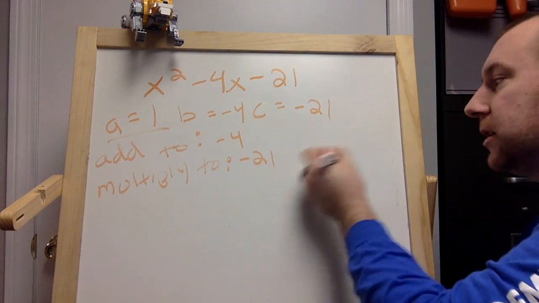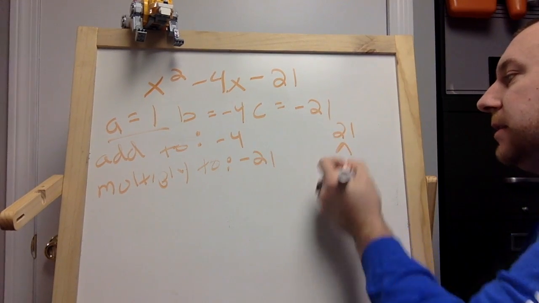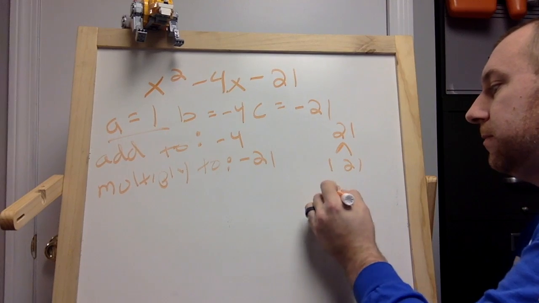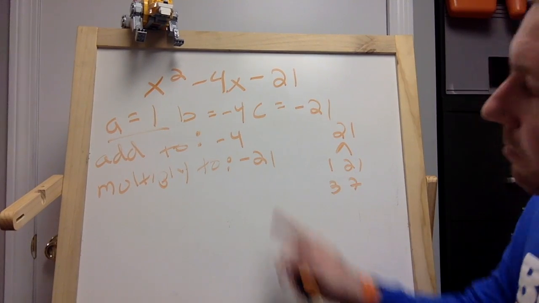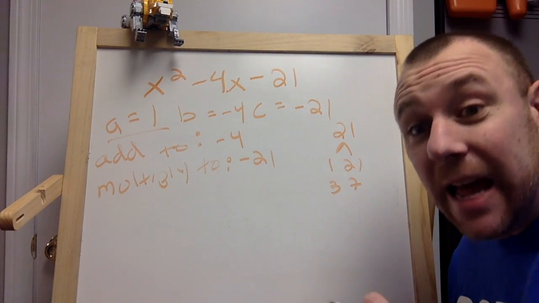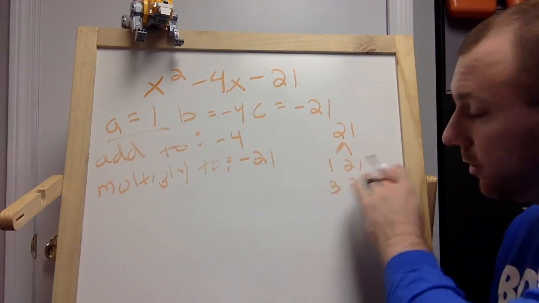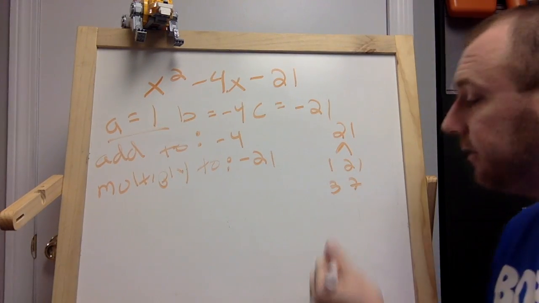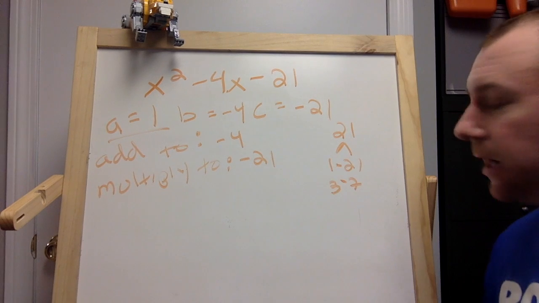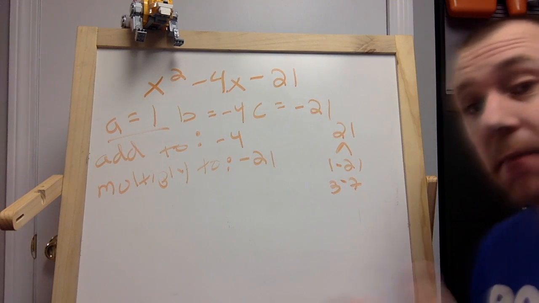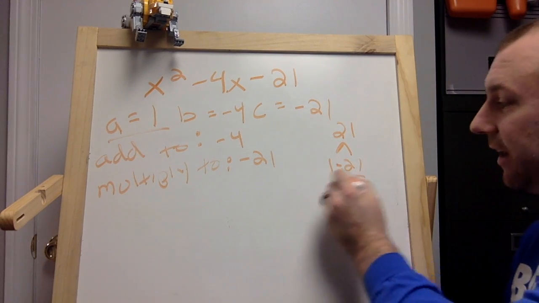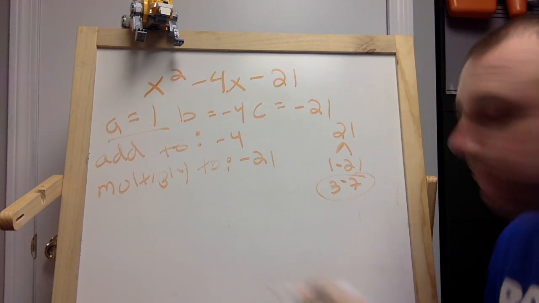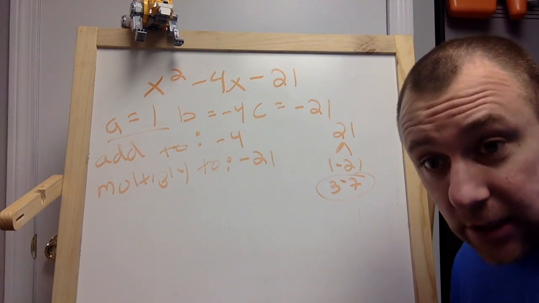So I'm just going to take 21 again, and I'm going to write down our factors. And for this middle term to be negative, the bigger factor needs to be negative. So I can make those bigger terms negative. You can immediately see that if I add these two terms together, I get that negative 4 for that b term.